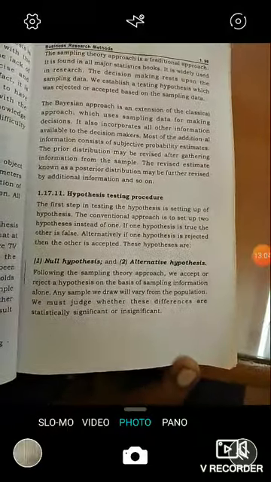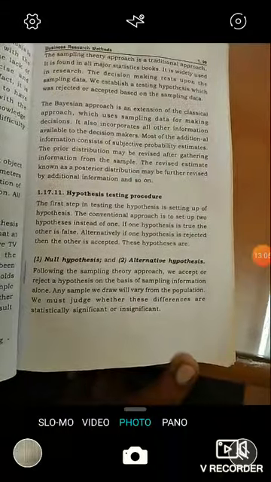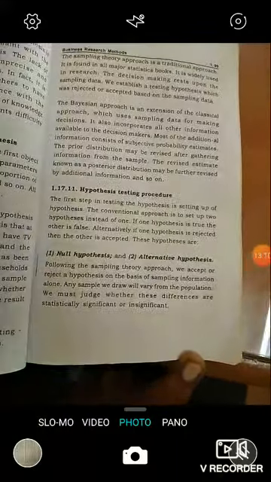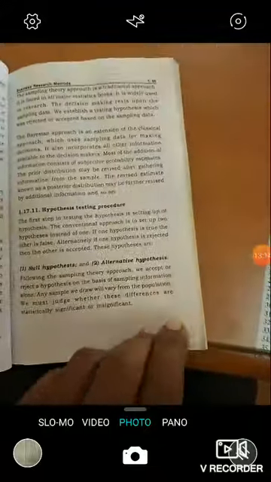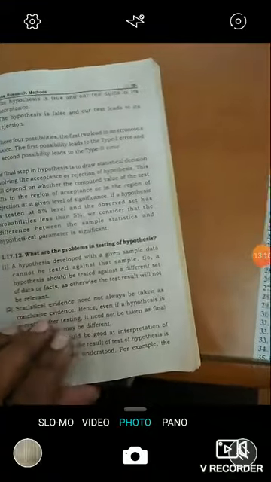Based on the significance value of his analysis outcomes, they accept or reject the null hypothesis. If they reject the null hypothesis, they go on to develop an alternate hypothesis. So this is the process of testing a hypothesis.